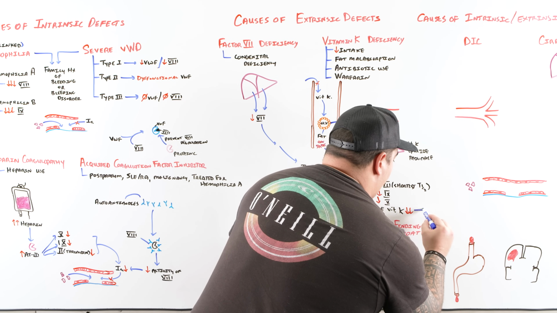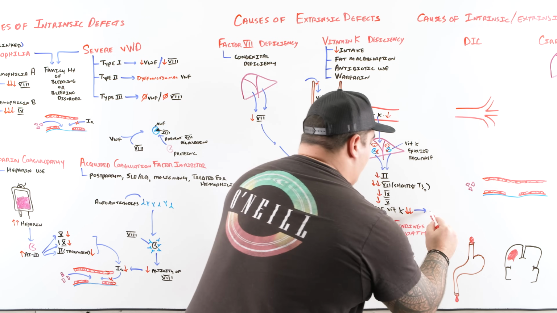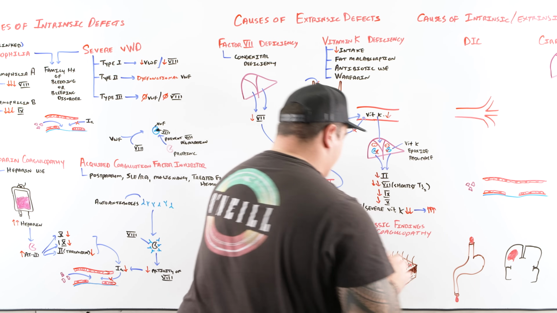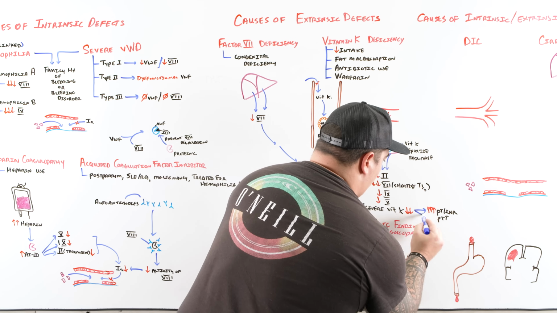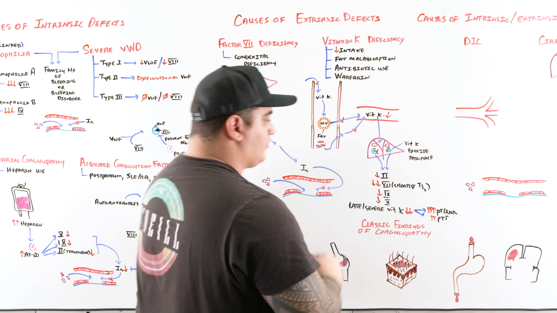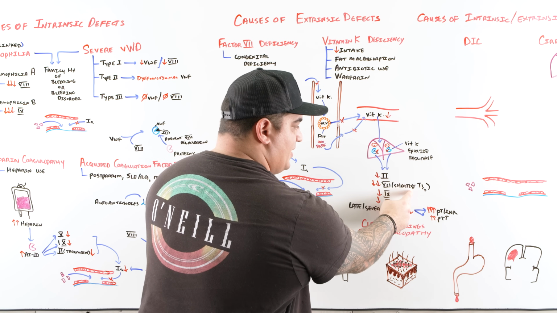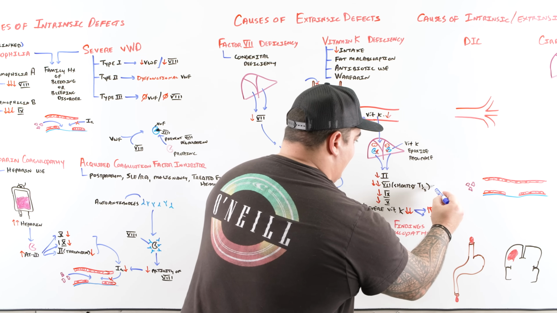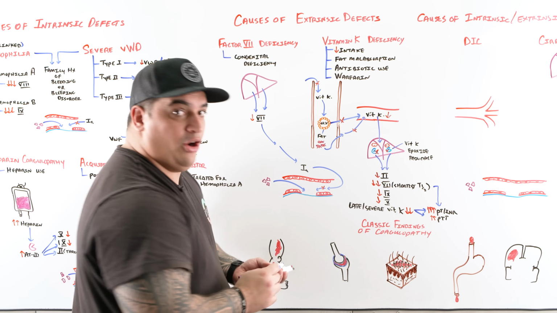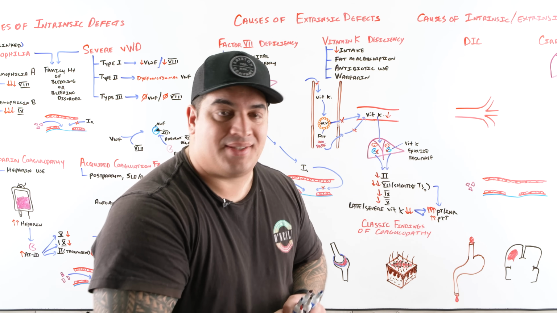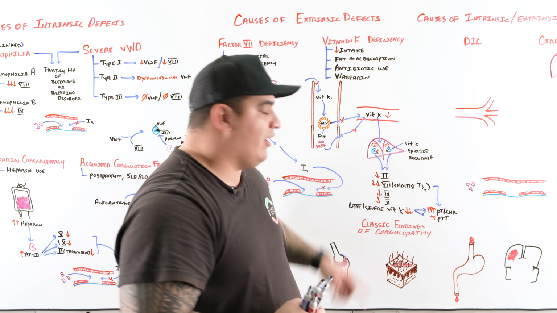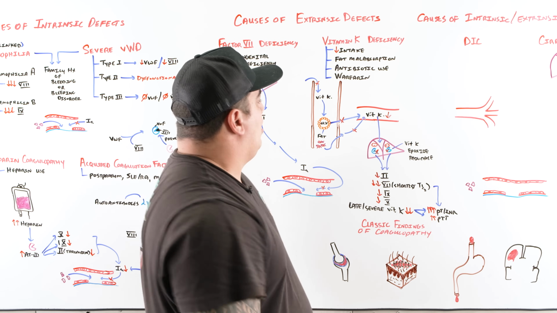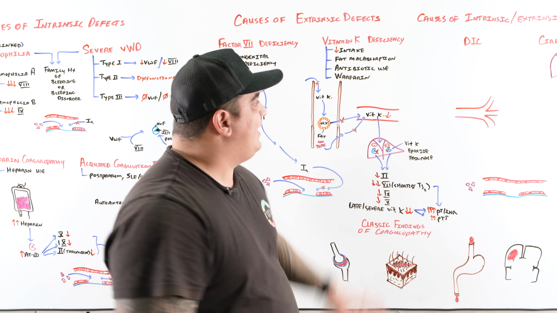So eventually, this may cause a prolonged PTT and PT-INR. But usually, the most common one that you're going to see is an elevated PT-INR primarily, plus or minus an elevated PTT depending upon the severity of the vitamin K deficiency. Whew, that was a lot, right? But that's the big thing.